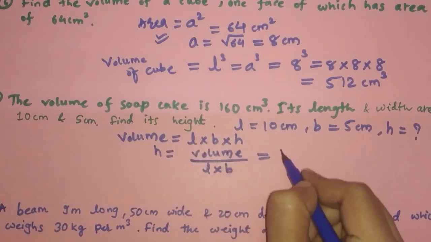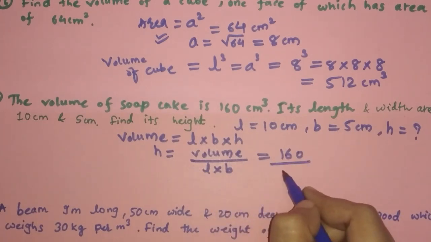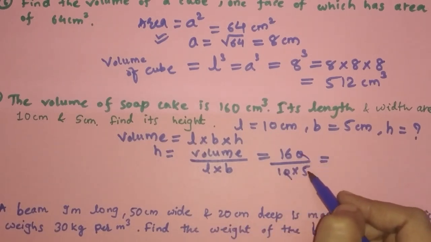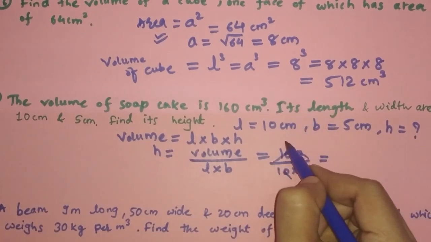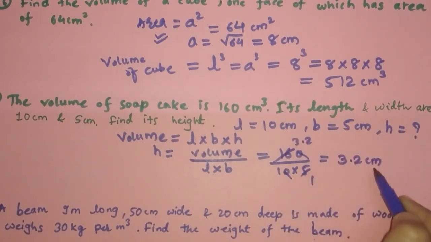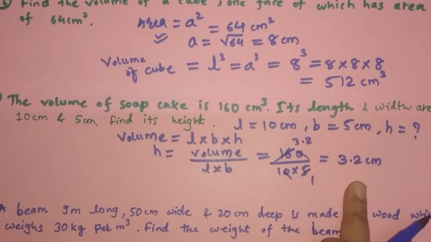So friends, volume is 160, length is 10 multiplied by 5. Okay friends, so now we keep the values here. We'll cut it, 5 ones are 5, again you will get 5 threes are 15 and 5 twos are 10. So 3.2 centimeter is going to be the height.